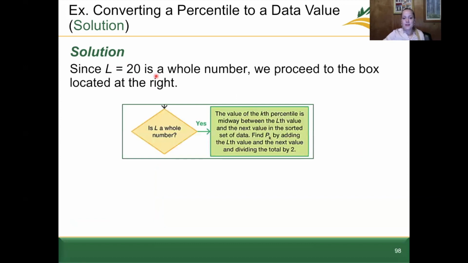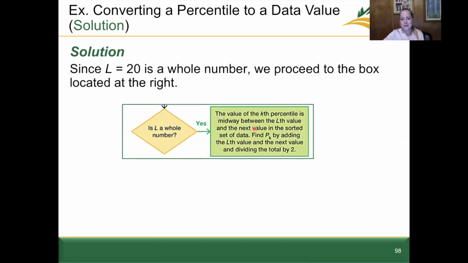So now in that flow chart, very importantly, we need to refer to this part. When L comes out to a whole number, we take the 20th value in the sorted data set. But very importantly, we need to take the 20th value, the Lth value, and the next value in the sorted set of data.